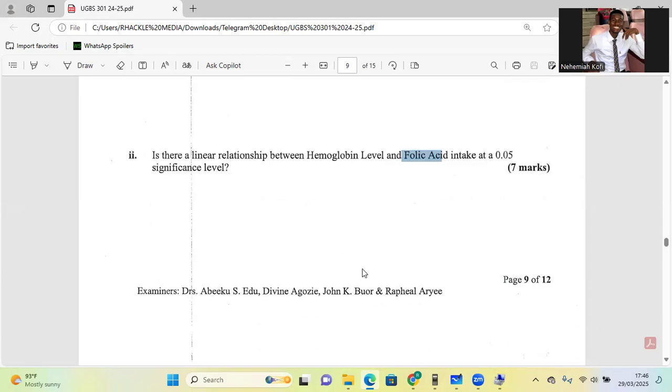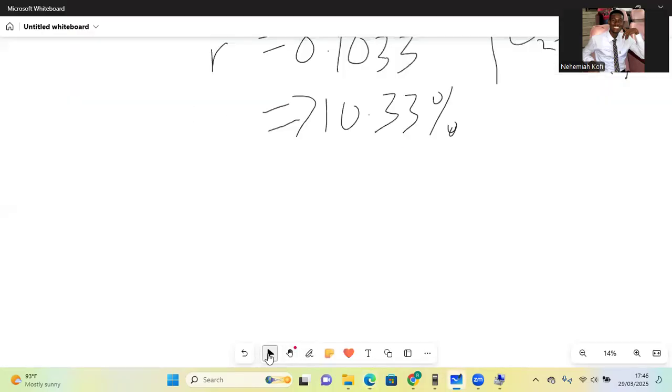So correlation and regression also have a formula for finding this.